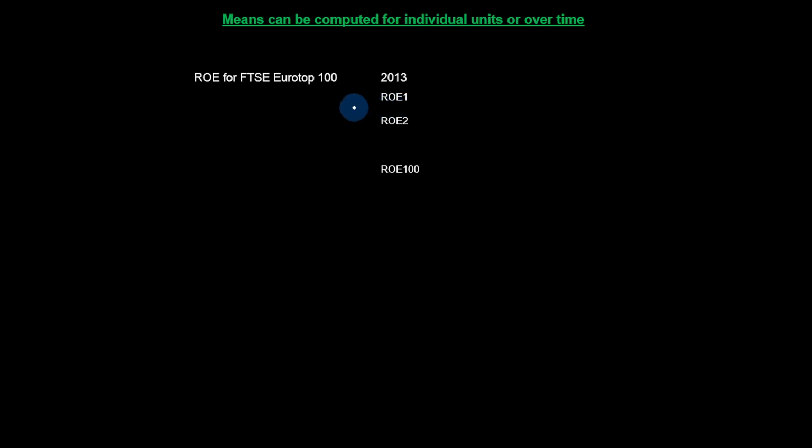We have to find out the ROE for each individual company in the index. First company, second company, all the way to the 100th company. Now, to find the mean, we just have to add it all up and then divide by the total number, in this case 100. Now this data is called cross-sectional data, and the mean that we come up with is called the cross-sectional mean.